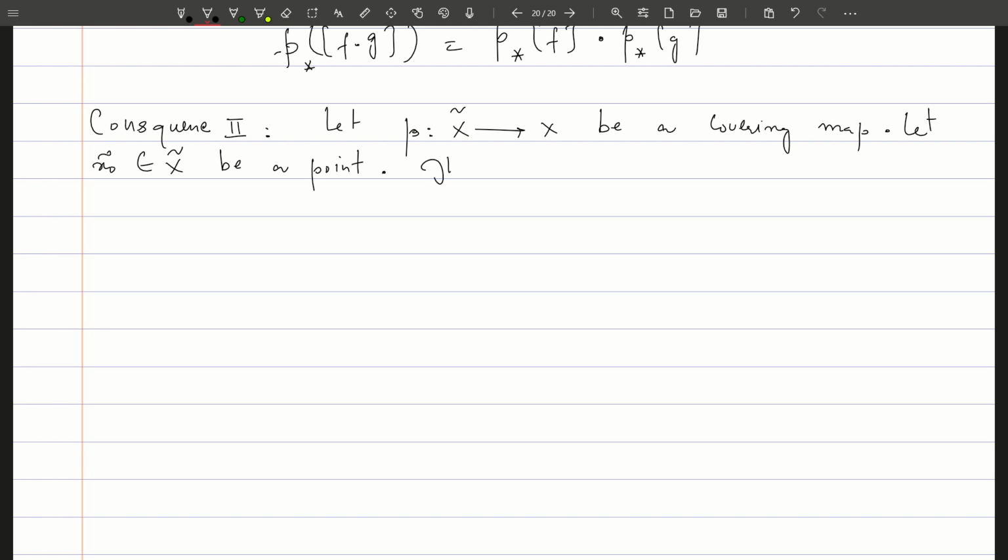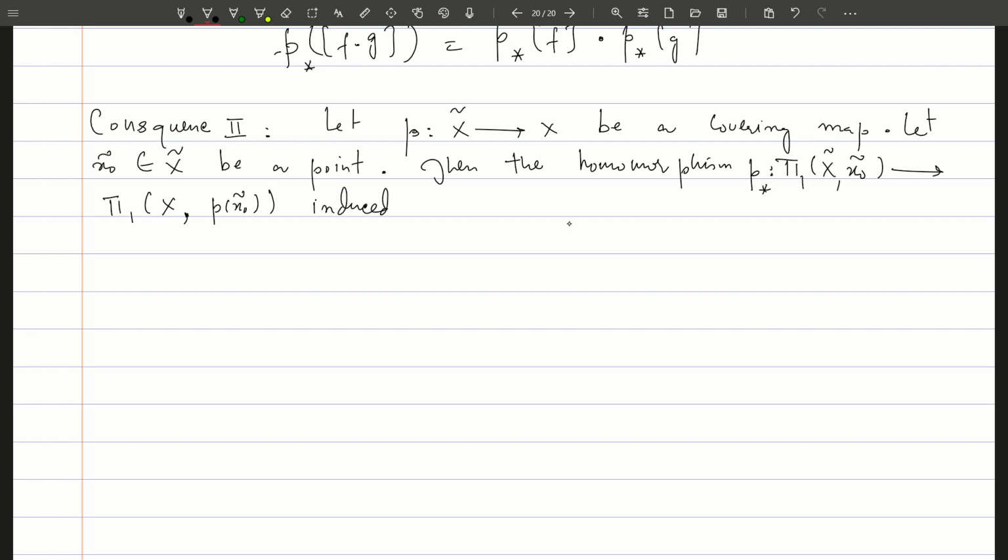Then the homomorphism P star from the fundamental group of X tilde based at X naught tilde to fundamental group of X based at P of X naught tilde, which is induced by P, is actually injective.